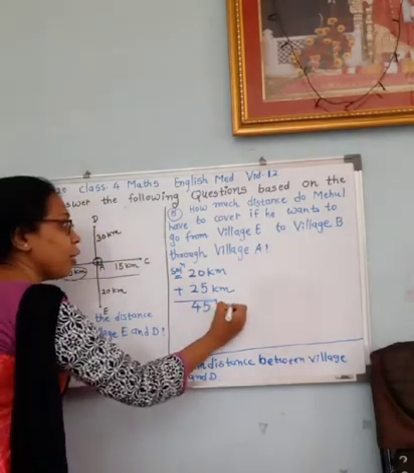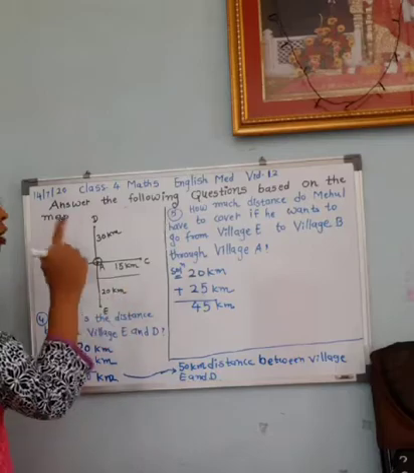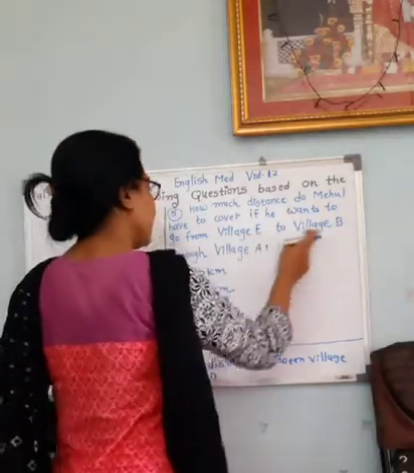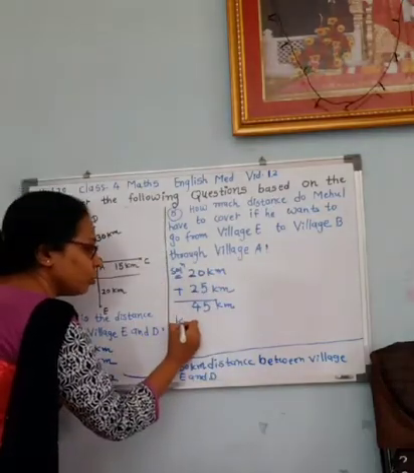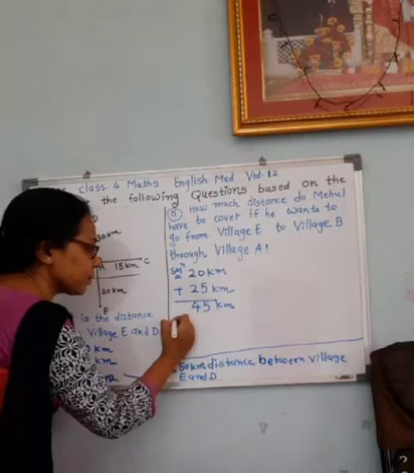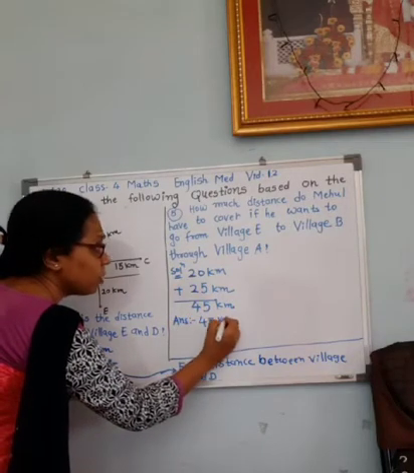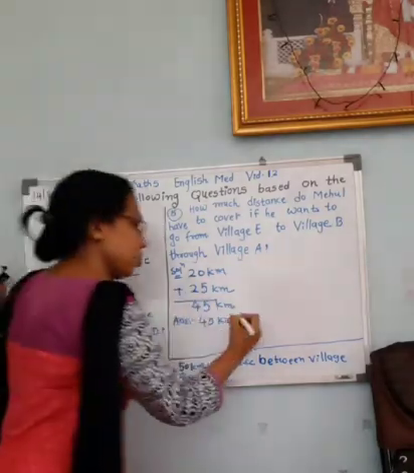So Mehul has to cover 45 kilometer from village E to village B through village A. So the answer is 45 kilometer distance Mehul has to cover.